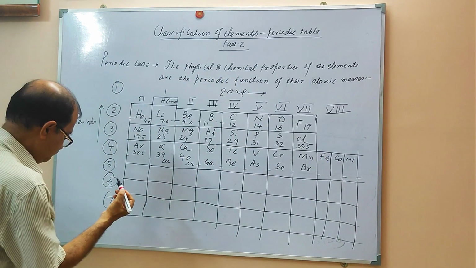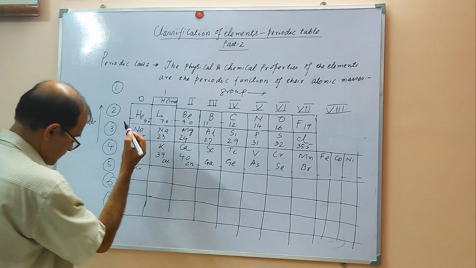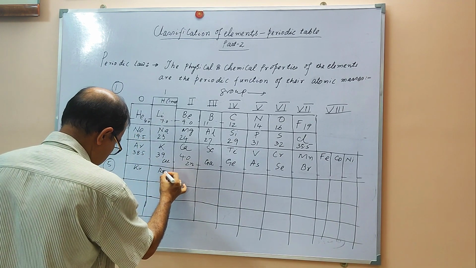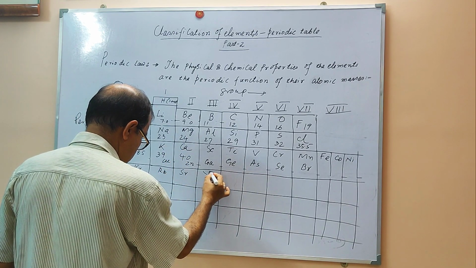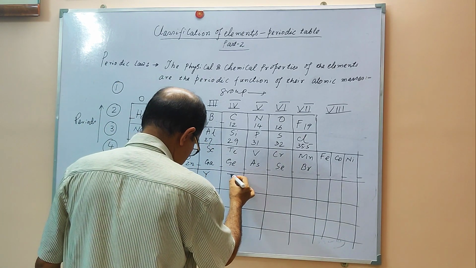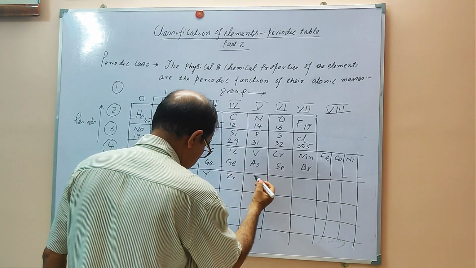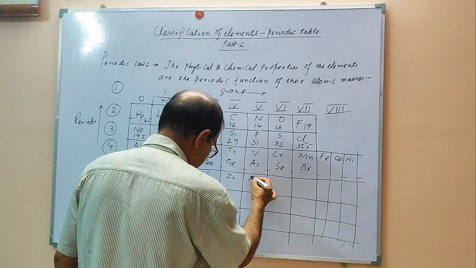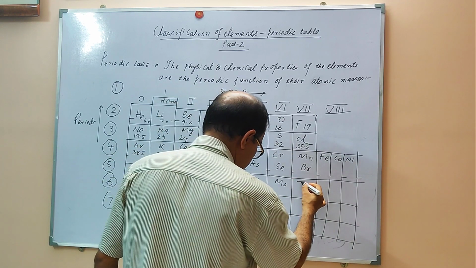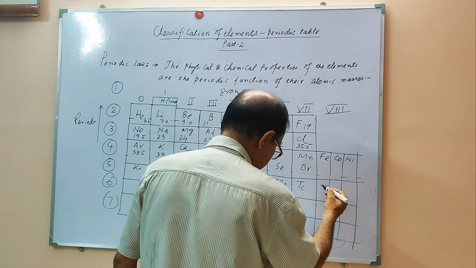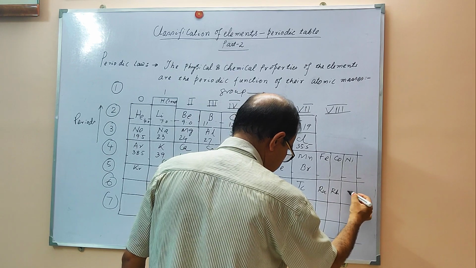In the fifth period you will find it starts with krypton, then rubidium, strontium, yttrium, zirconium, then niobium, molybdenum, technetium, and ruthenium, rhodium, and palladium.